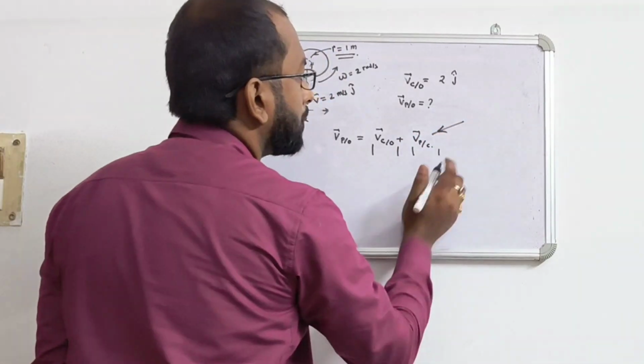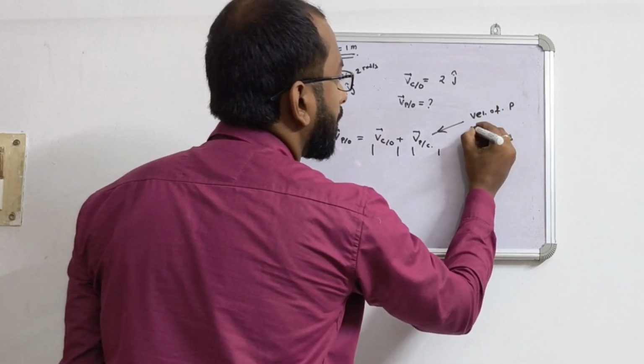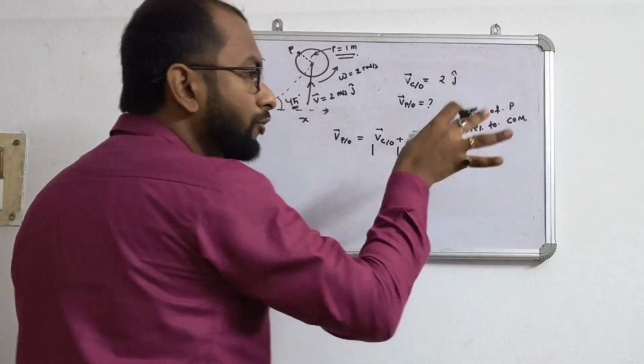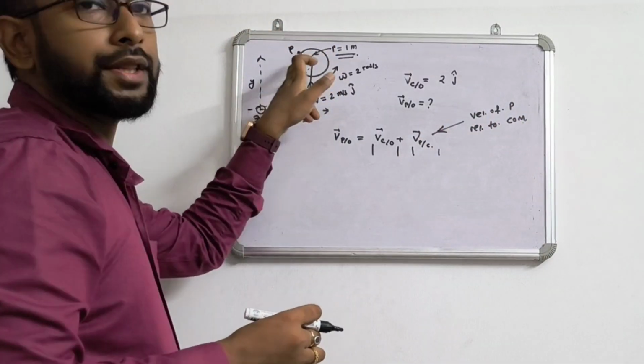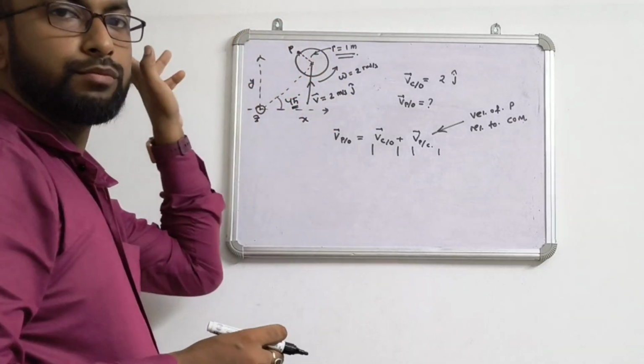The meaning of this term is velocity of point P relative to the center of mass. That means some observer sits at the center of this disc and sees how this point is moving.